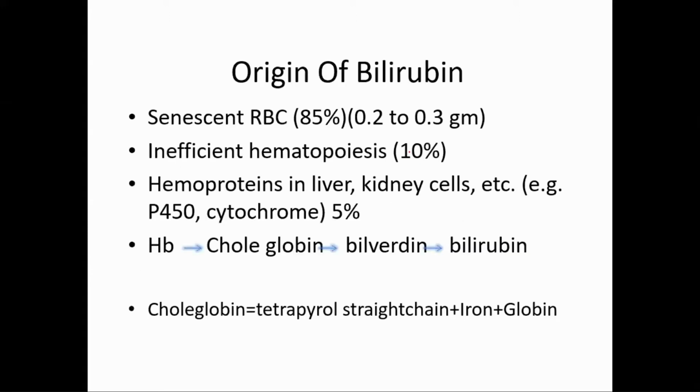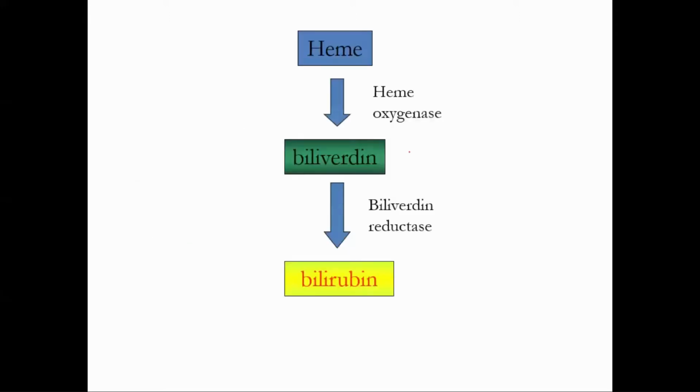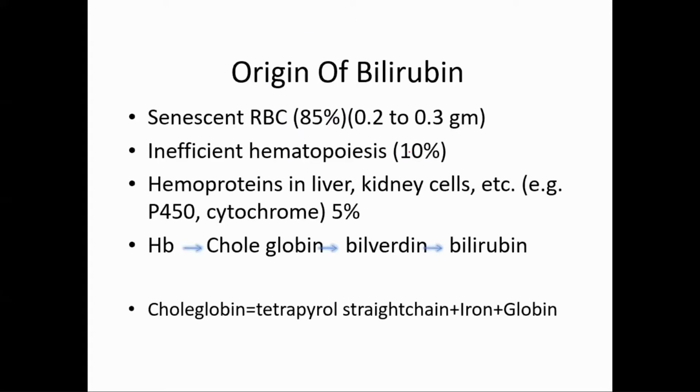Origin of bilirubin. How bilirubin is born, you will be taught in physiology and in biochemistry. The main source is, of course, old RBC which die. 85% of the origin is from senescent RBC. The second part is 10% from ineffective hematopoiesis. What is ineffective hematopoiesis?